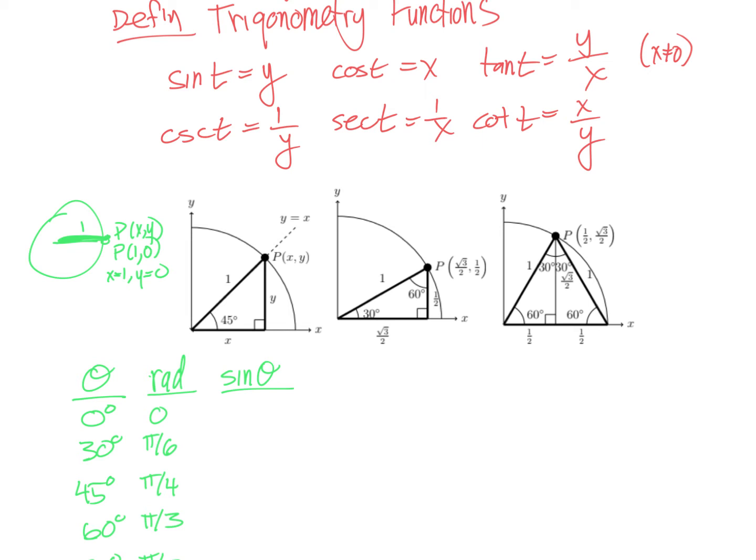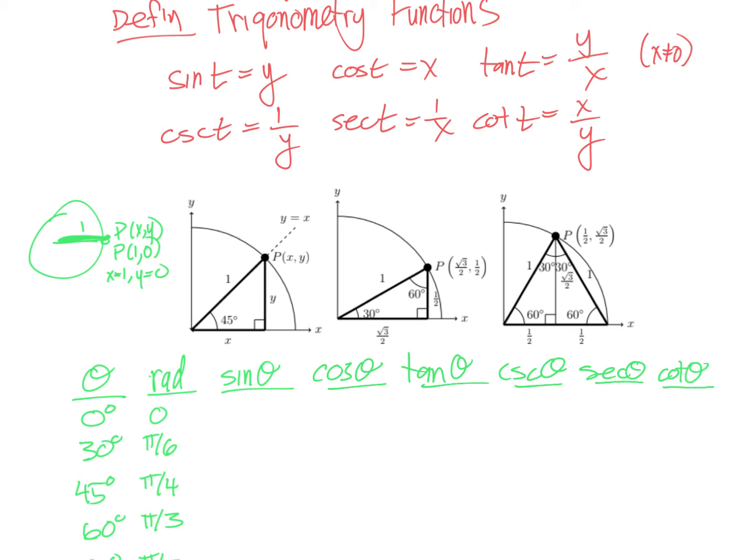Go ahead and substitute: y is 0 for sine, x is 1 for cosine, and for tangent we have y is 0 over 1. So sine, cosine, tangent, cosecant, secant, and cotangent.